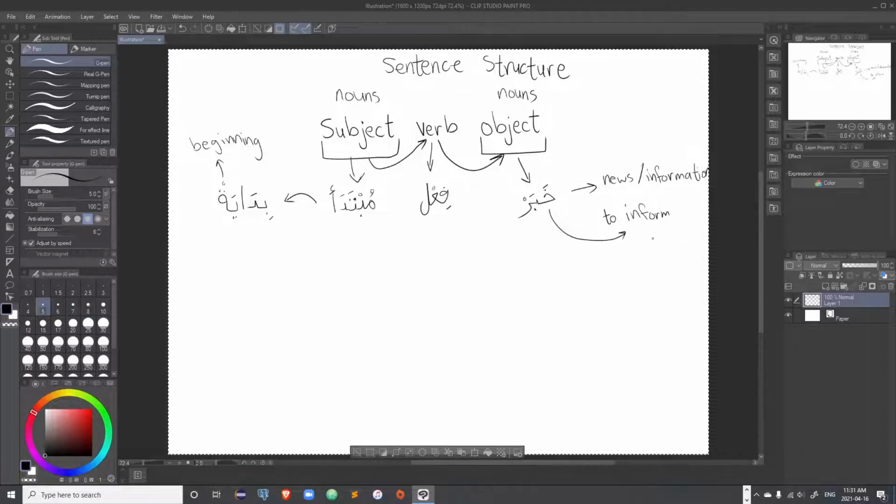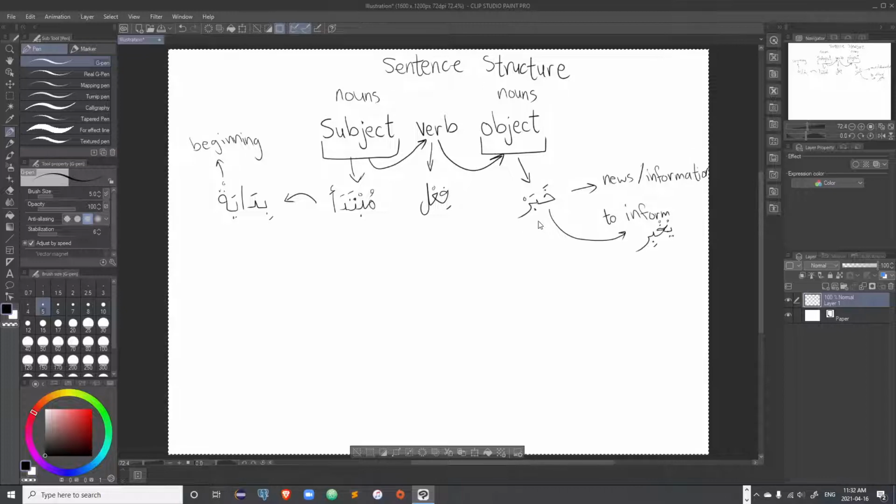I will use the present tense conjugation for he: yukhbir. As you can see, there are similarities in the spelling.